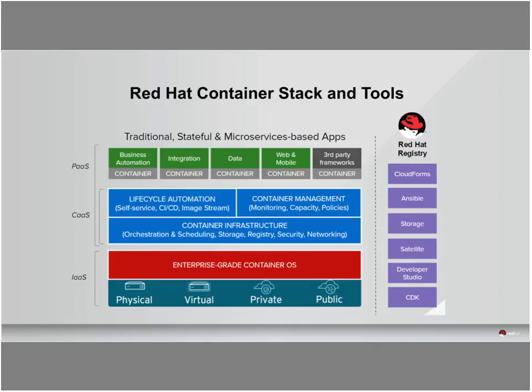In addition, there's container management dimensions in there, so we're able to do monitoring, capacity policies, for example, on the storage dimension, how much storage can somebody provision, what type of storage can they provision, etc. So this is hooked into CloudForms, which is our cloud management product portfolio.